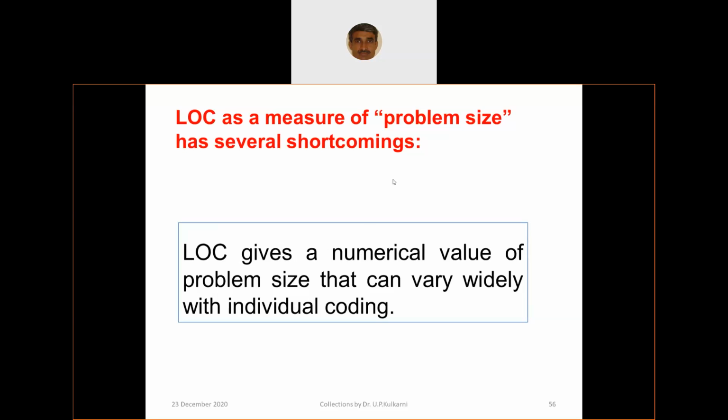There are many shortcomings. LOC gives a numerical value of the problem size that can vary widely with individual coding. The effort is not necessarily in terms of lines of code. The competency of the staff member also matters. The same 10 lines of code I may take half an hour, and some other people may take around 2 hours.